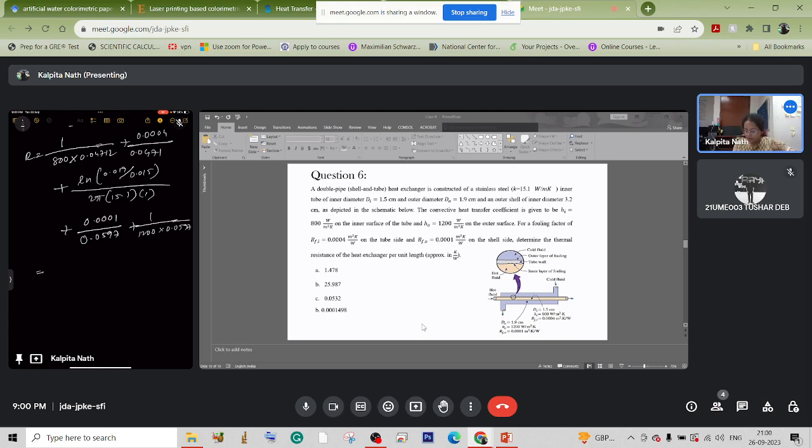This will come out to be 0.053154 Kelvin per watt. This is the total resistance.